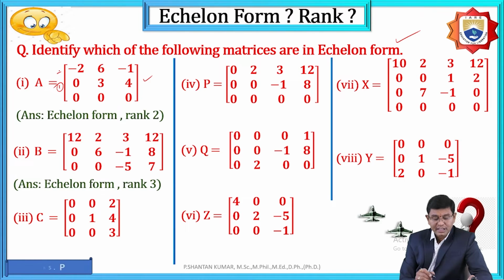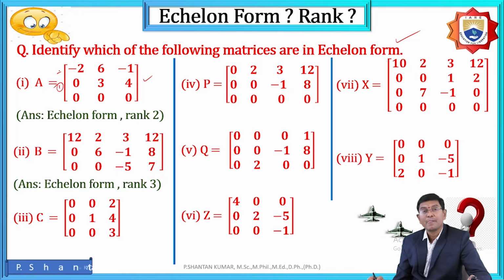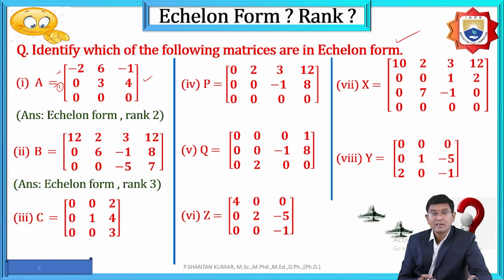And now further, the third is a matrix with 3 rows: 0 0 2, 0 1 4, 0 0 3. While observing this problem, it is not Echelon form, because here the zero rows condition is not met.